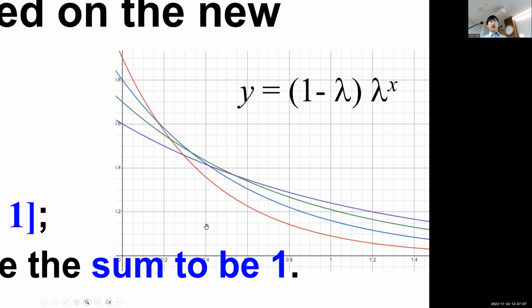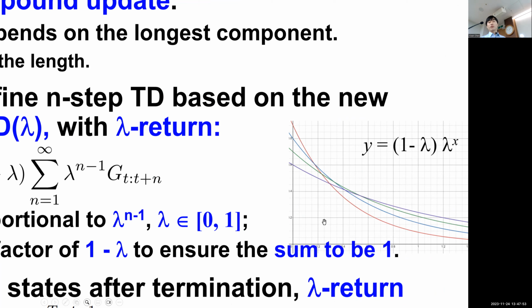So each weight is proportional to lambda to the power n minus 1. Okay, lambda belongs to 0 to 1. And it is normalized by a factor of 1 minus lambda to ensure the sum to be 1. As I mentioned, if we consider this decay function and do the integration, it will be equal to 1.